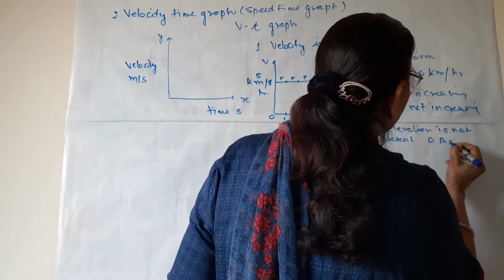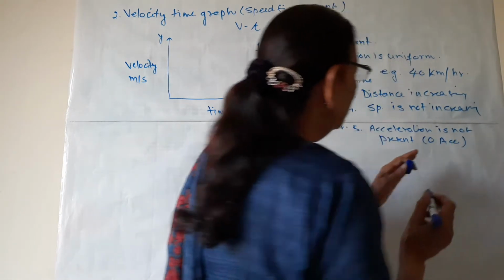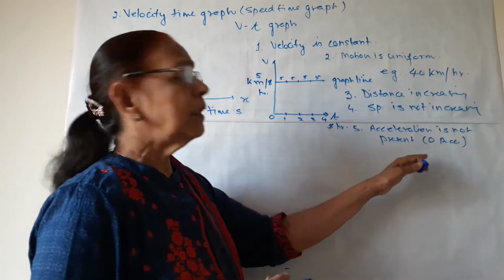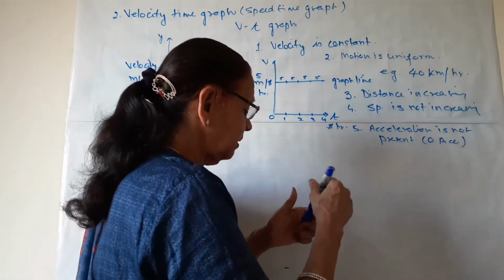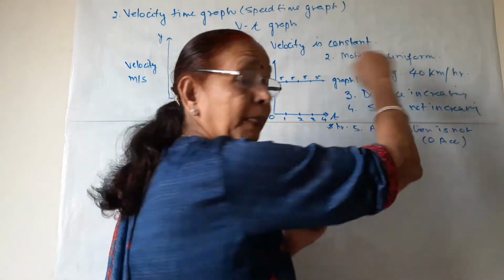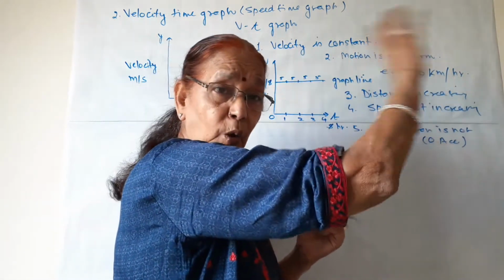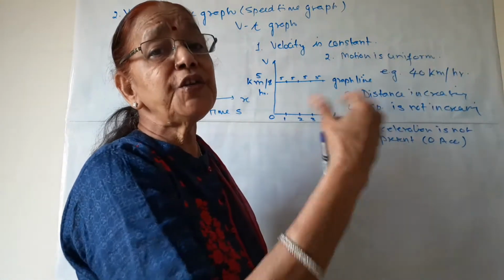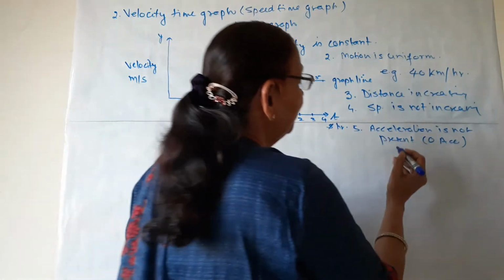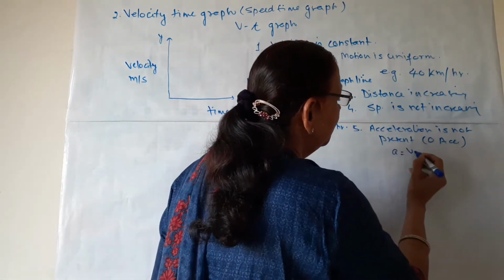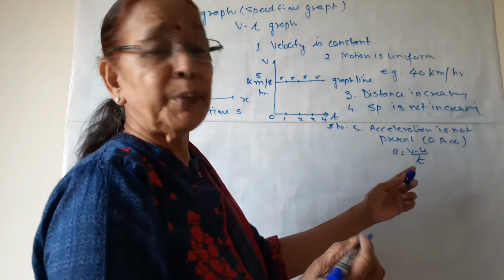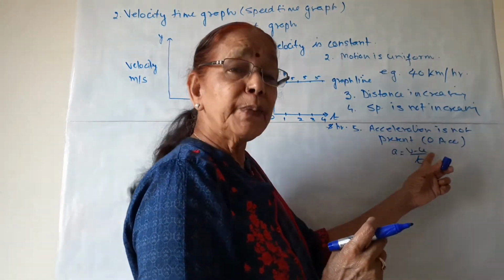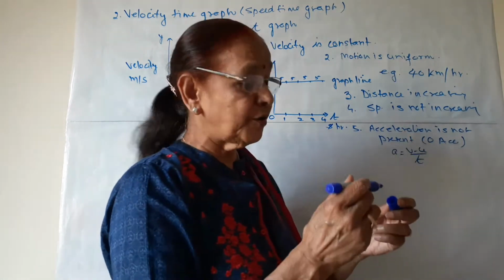Because acceleration can happen only if the motion is not uniform. If the speed is not uniform, there is a change in speed. You know the formula for acceleration, a is equal to v minus u upon t, the rate of change of speed. Unless the speed changes, no acceleration will be there.